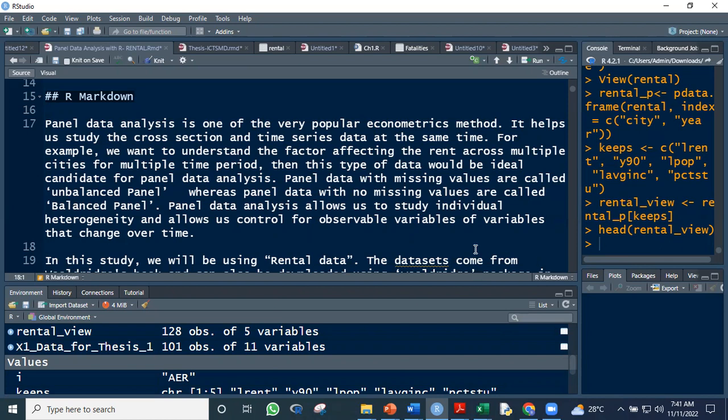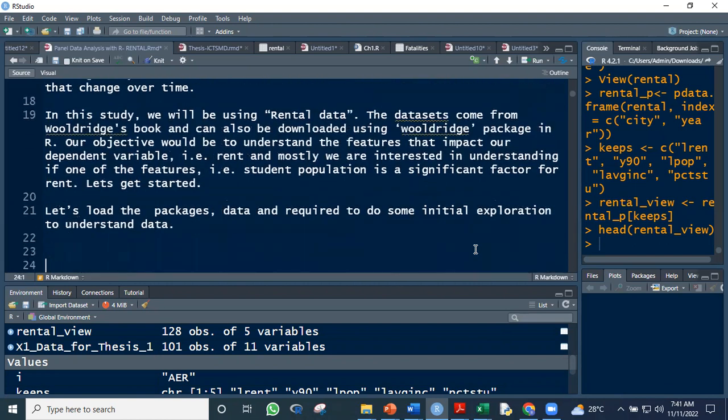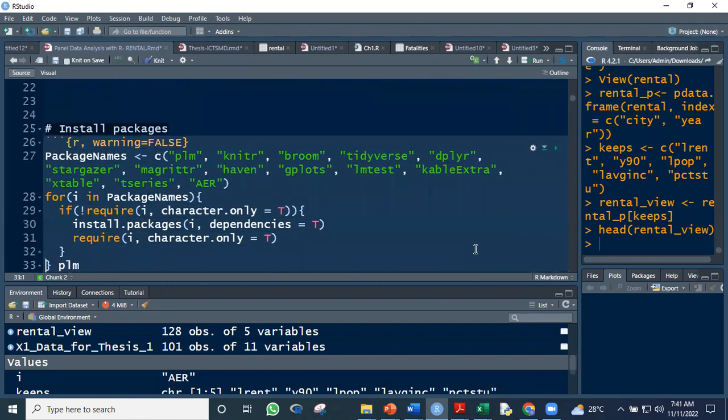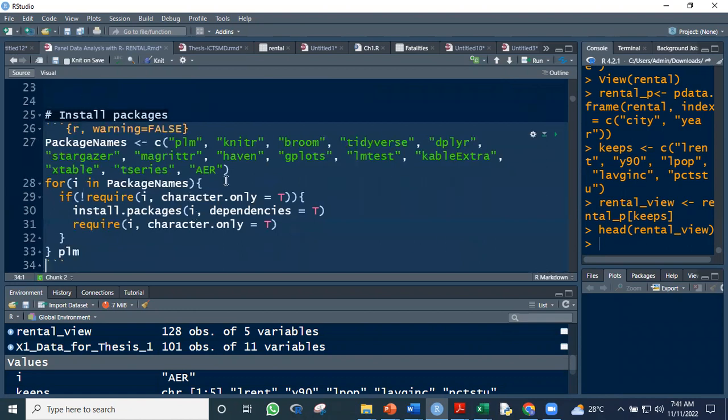Okay, so last time we were working on this data set, and I think I introduced to you for the first time this code chunk, where we can already identify the packages. If the package already exists in your computer, in your R, then you just require it.